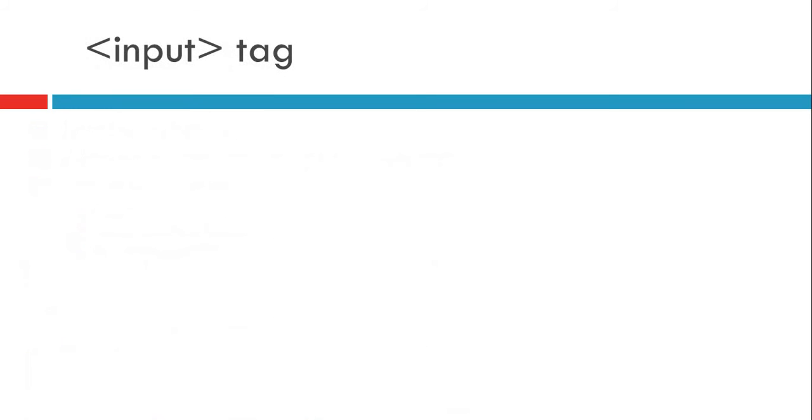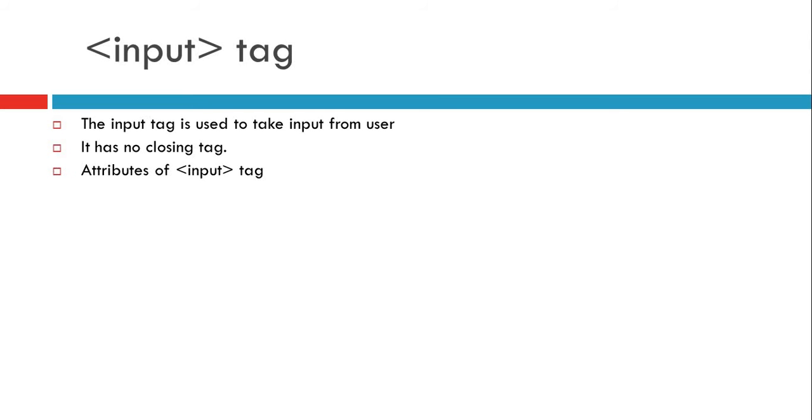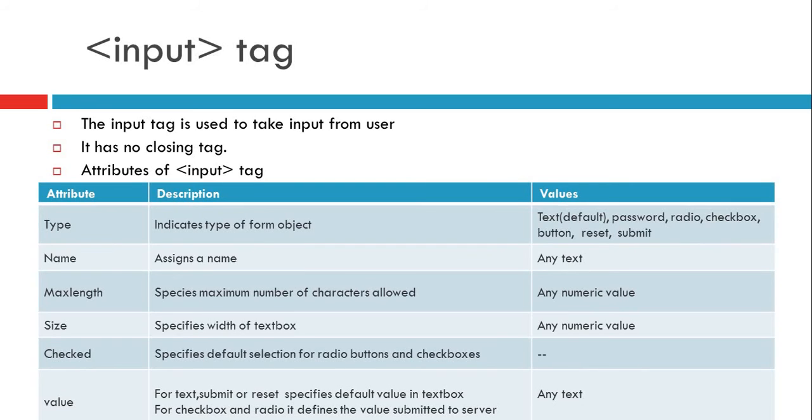Now, let us have a look at the input tag. Input tag is used to take input from the user. It has no closing tag. Attributes of input tag. The first attribute is type. Type attribute indicates different types of form objects.